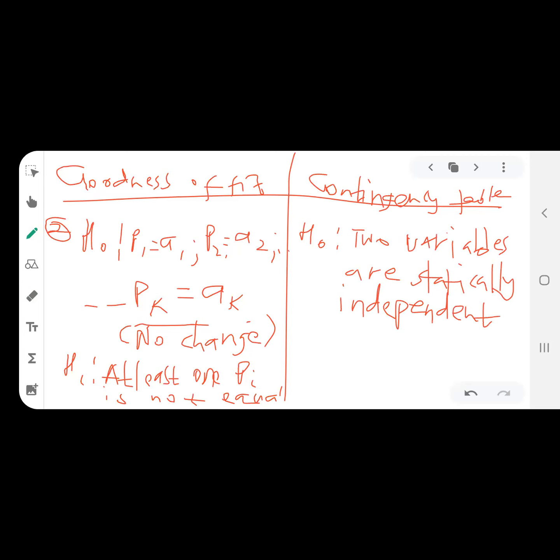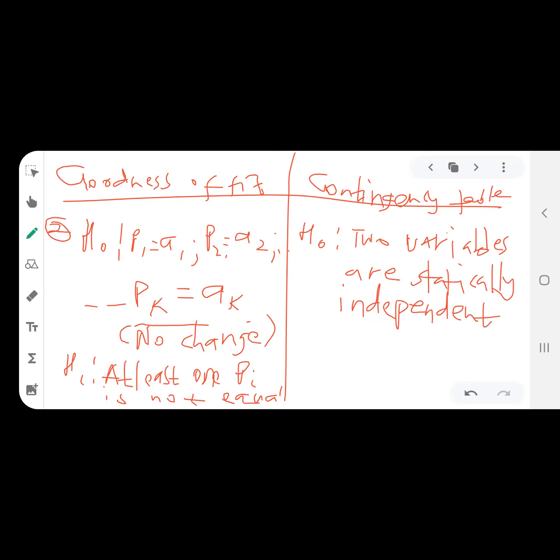It will always state that the variables in question are statistically independent. That will always be the null for contingency table technique.